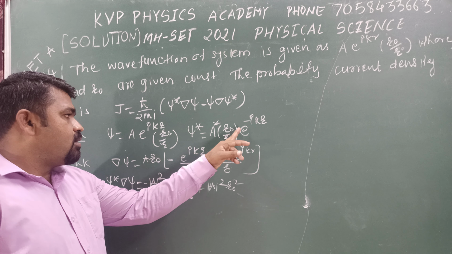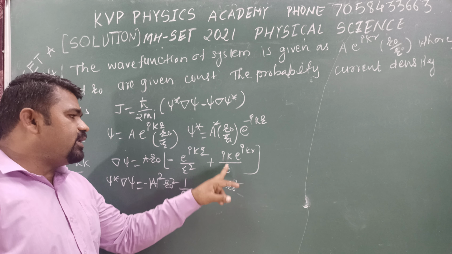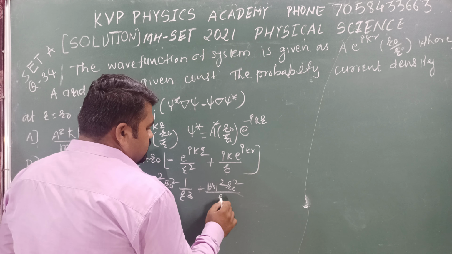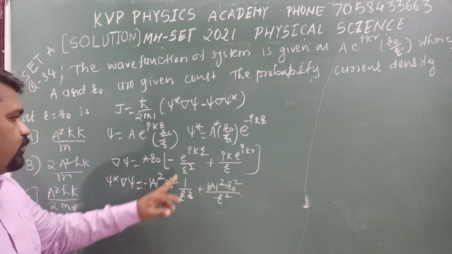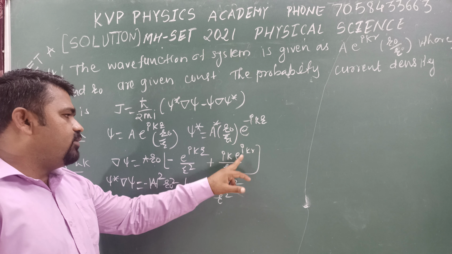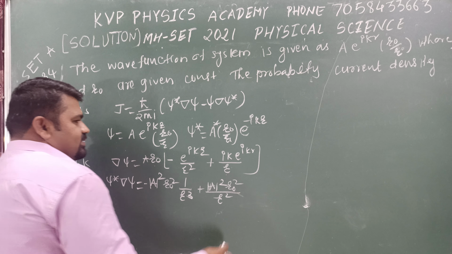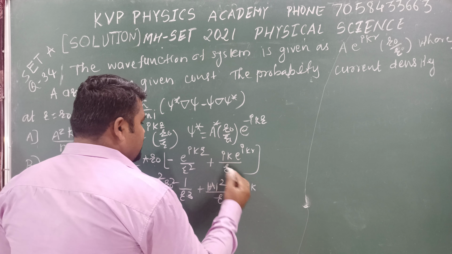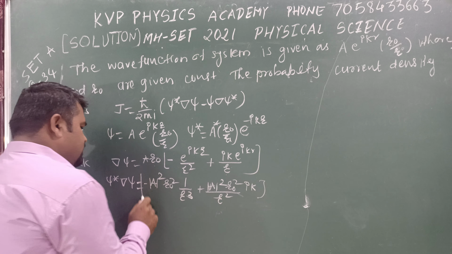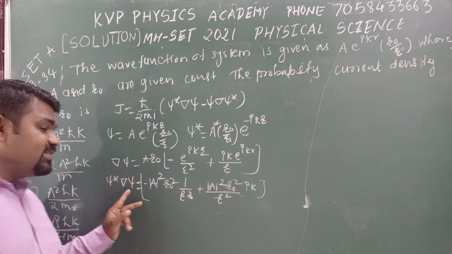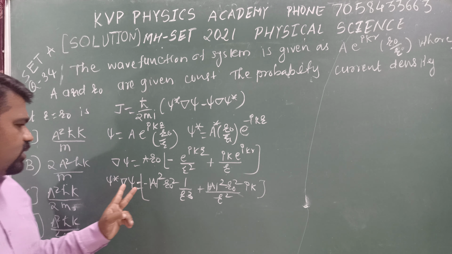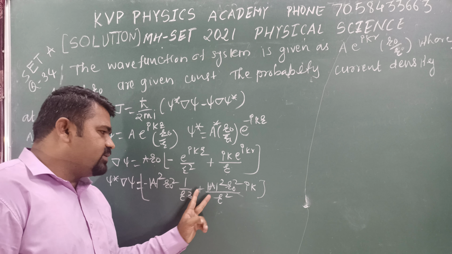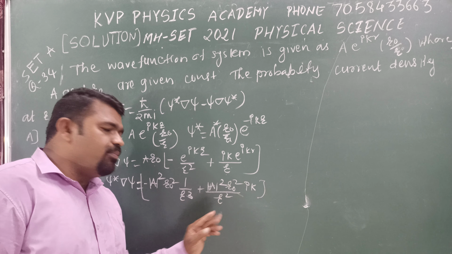Next, here is r, here also r into r squared. Here e^(−ikr) and e^(+ikr) get cancelled, and only the ik part will survive. So what is the value of ψ* ∇ψ? ψ* ∇ψ is equal to minus mod A squared r₀ squared/r³ plus mod A squared r₀ squared ik/r².